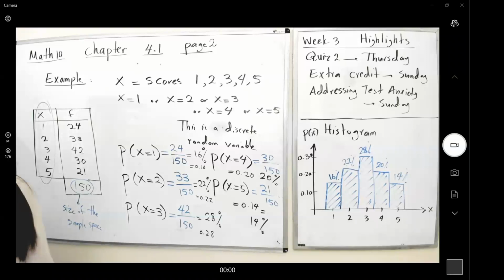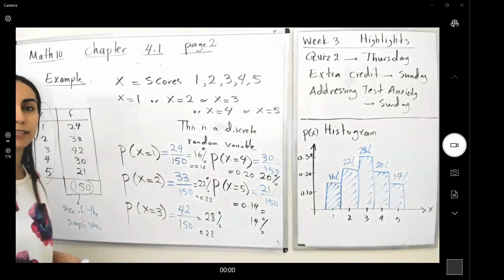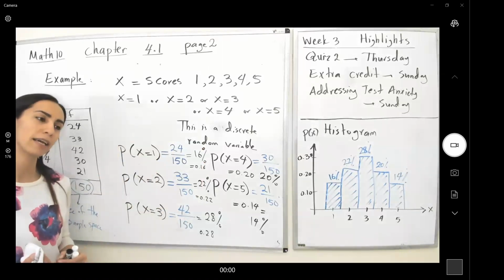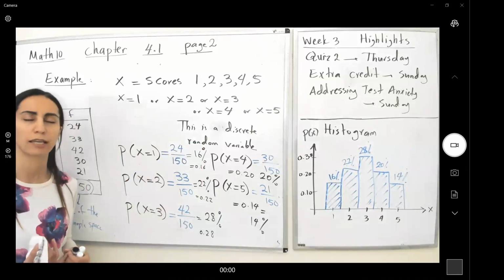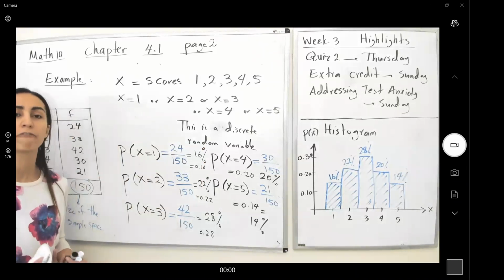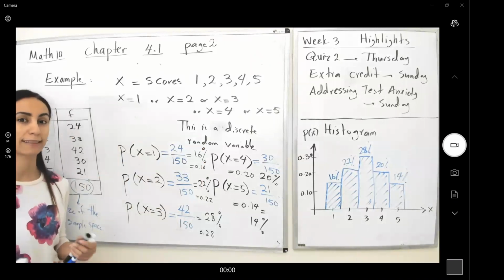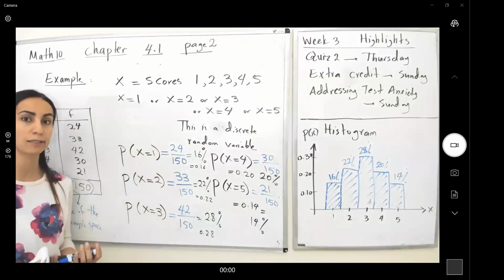Now suppose somebody gives you a table and they say, hey, this is the probability distribution that I found for my variable. Well, you're the statistician. Is this a correct probability distribution?